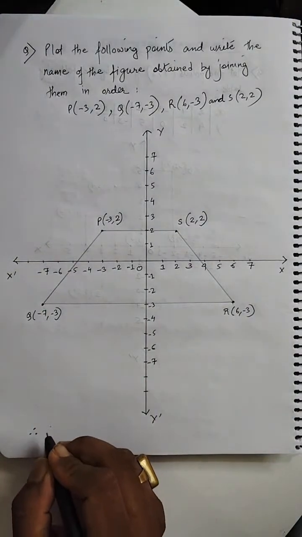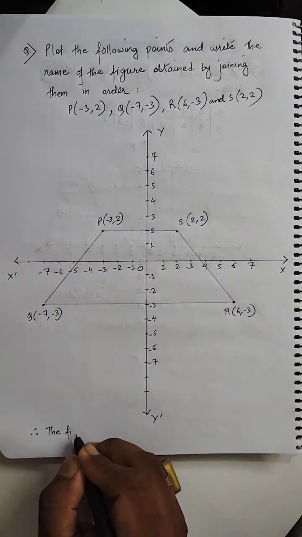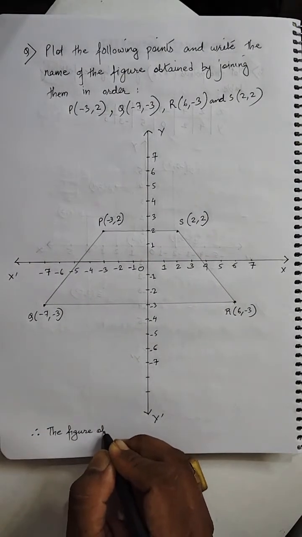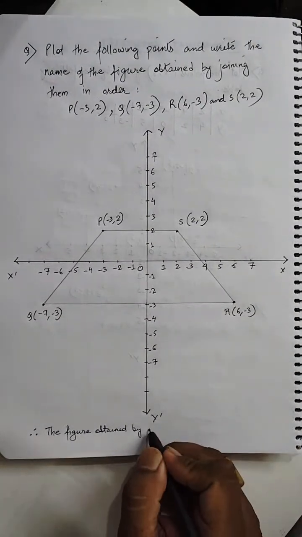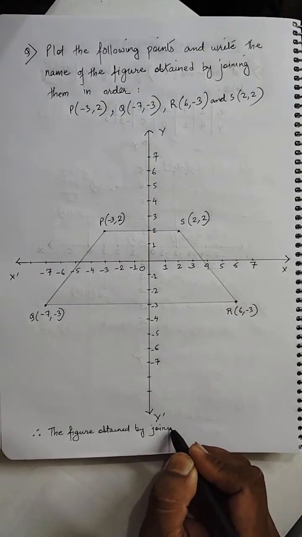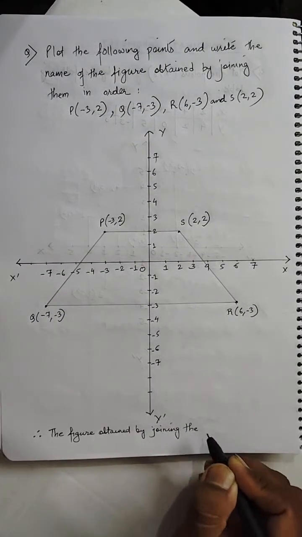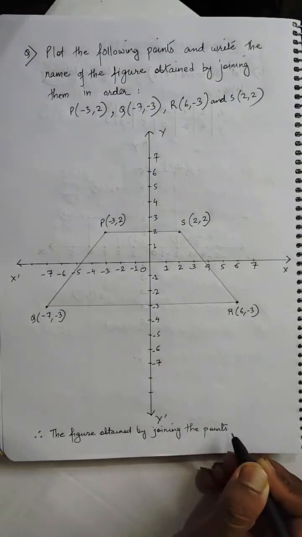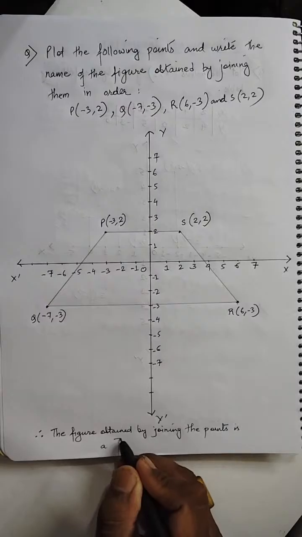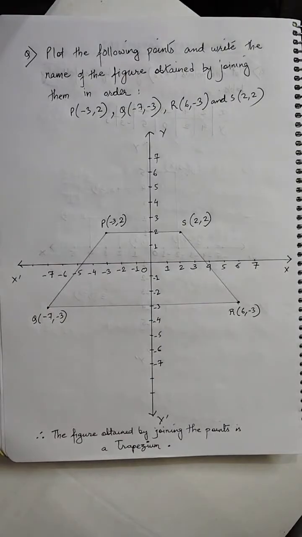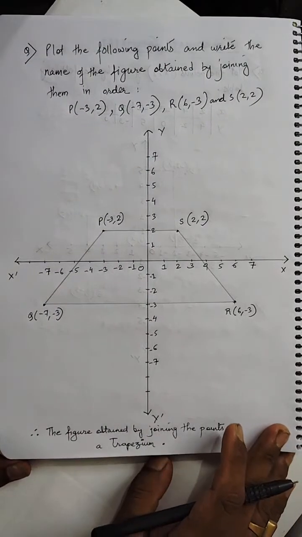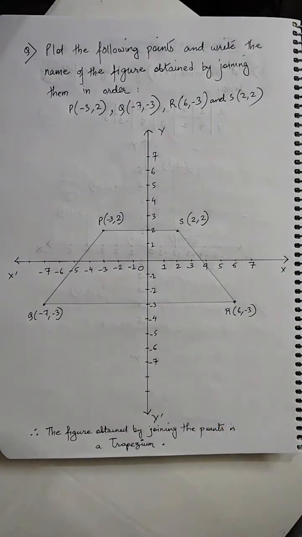The figure obtained by joining the points is a trapezium.